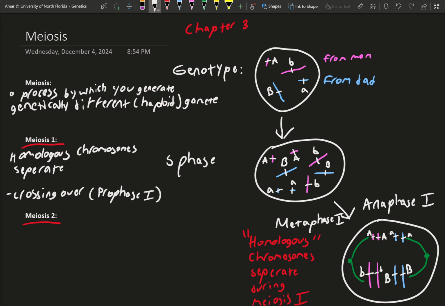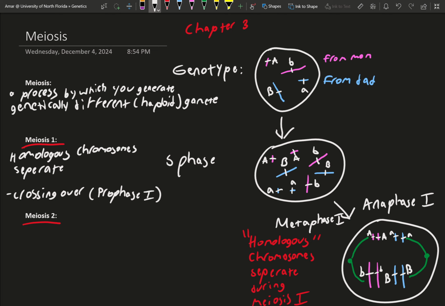We're going to talk about it in more detail, but it's basically when homologous chromosomes join together and can exchange different alleles from one homologous chromosome to the other.